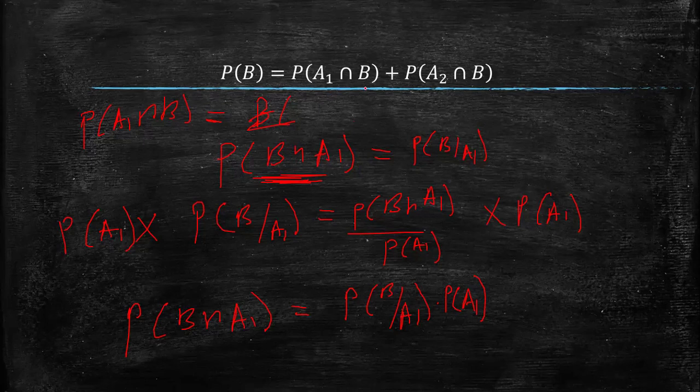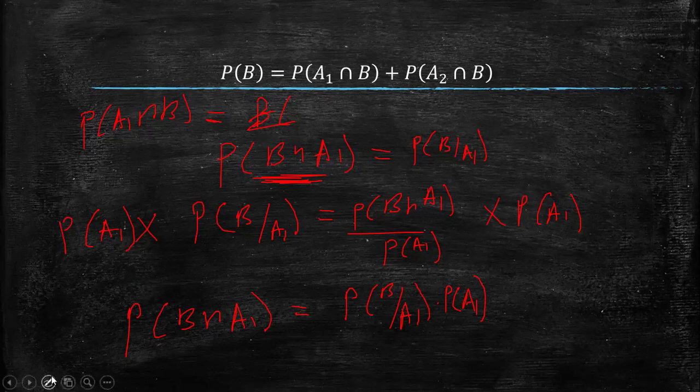We have done this only for A1 intersection B, but it is still the same process we are going to do for A2 intersection B. But because of time, allow me not to do that, and we just make a generalization.